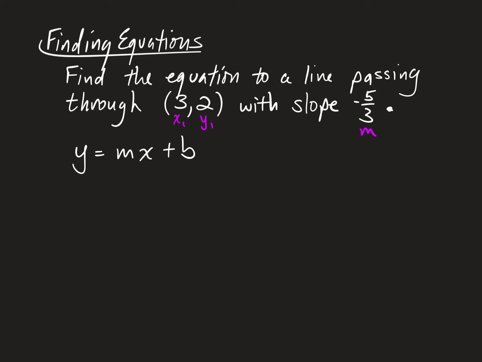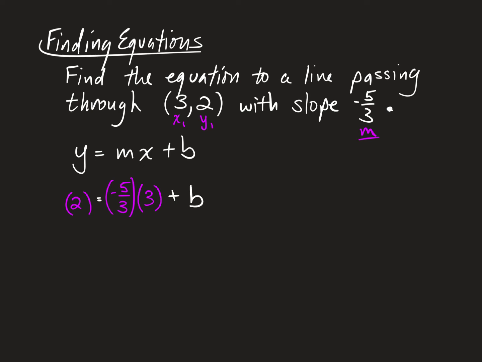So with this, what we can do is we can substitute the slope in for m, so negative 5 over 3. We can substitute the 3 value in for x, so I'm going to say 3, and we can substitute 2 in for y.